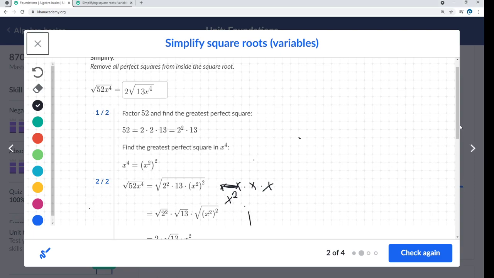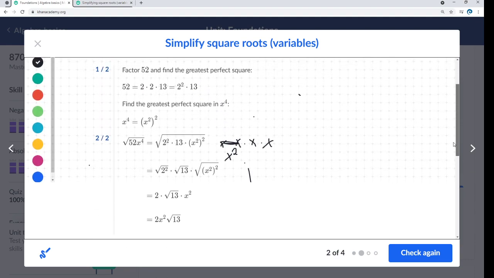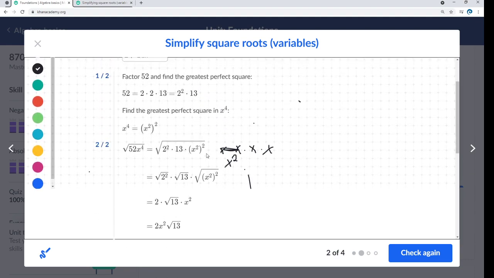I'm just gonna have to give another one a go. I'm failing to understand what's happening here. Find the greatest perfect square in x to the power of 4. I guess the greatest perfect square is x squared here. How did they do that?